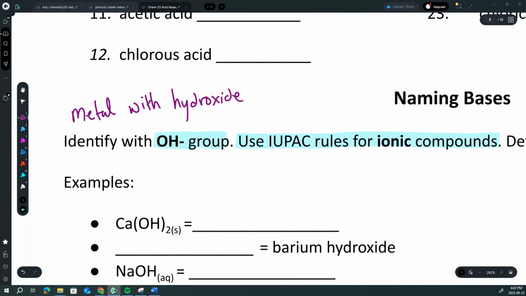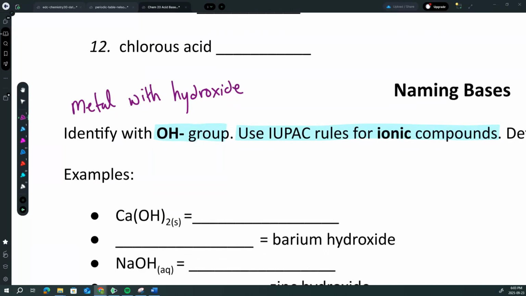So if we look at our example, we have calcium, which is a metal, with hydroxide ions. So remember that ionic compounds don't use prefixes when you are naming compounds. So with this, we're just saying, okay, this is our metal ion, so calcium, and then hydroxide.